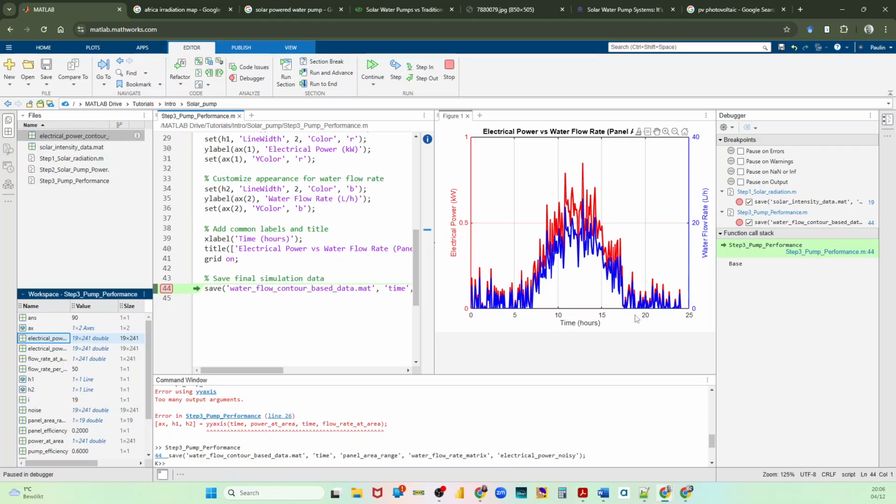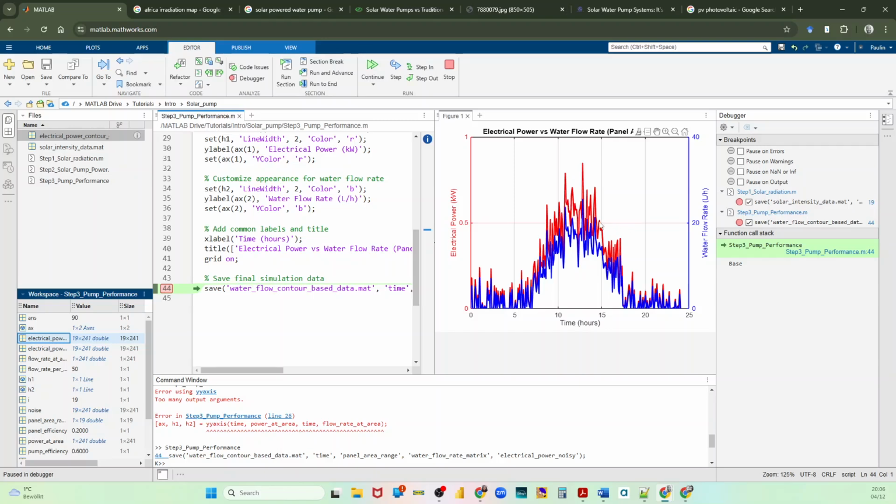Why is this correlating? Basically, it's trying to show that at some point during the day, which is around 12 or between 10 and 3, you are able to get roughly the highest electrical power through your pump, but also the highest flow rate. But it's not always the case. This is all down to noise, right? The power to flow rate ratio might be higher or lower depending on the time of day.